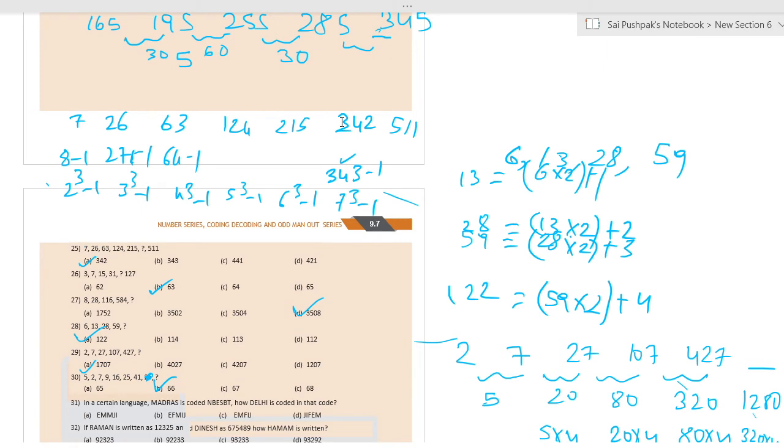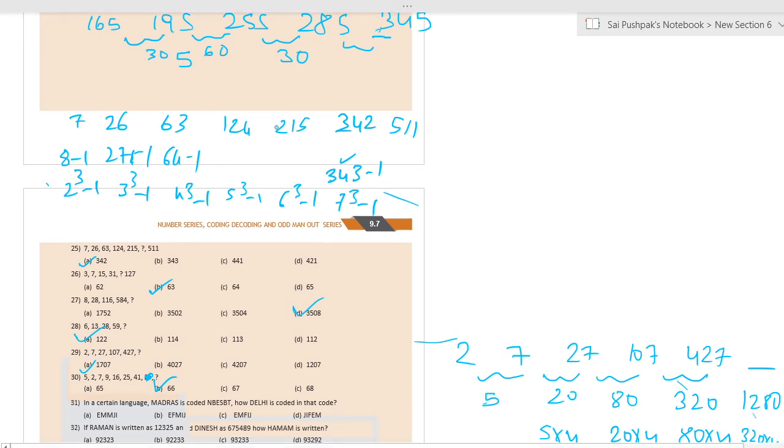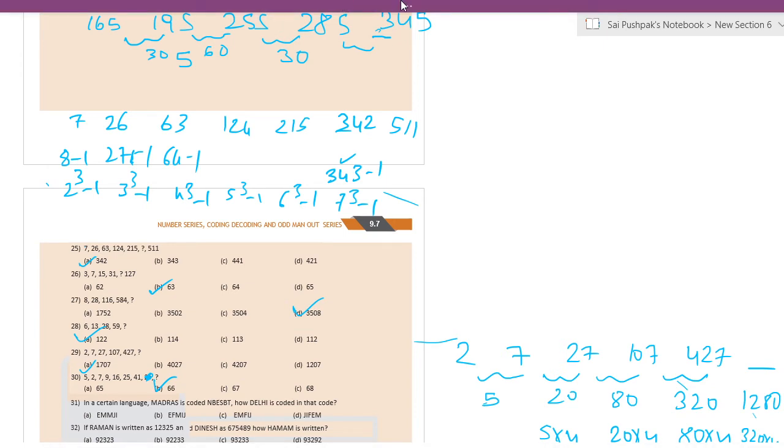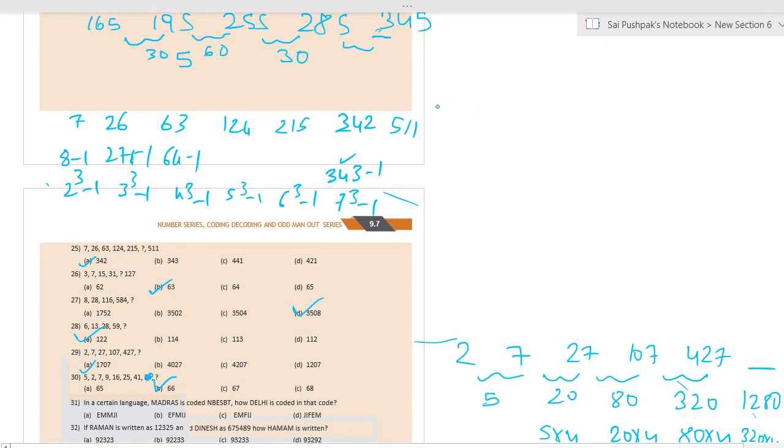Next one is the 26th one. 3, 7, 15, 31, dash, 127. What is the difference here? 4.